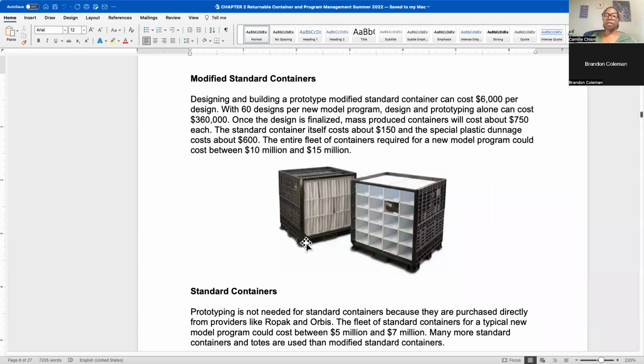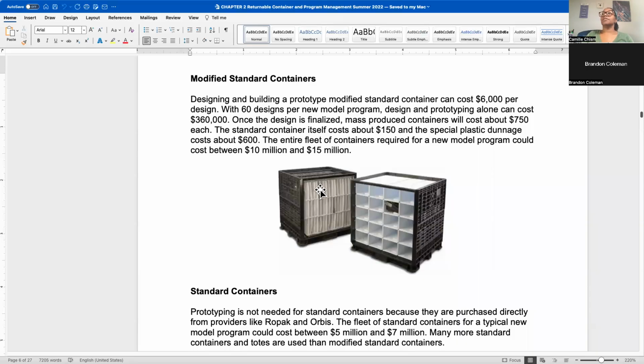It could be riveted. Many times I use rivets. This one is also affixed probably with rivets. So when you look at all of the different things that are needed for this, you're going to spend easily another $600 just for this interior dunnage to go in here and to have it installed or built into it.